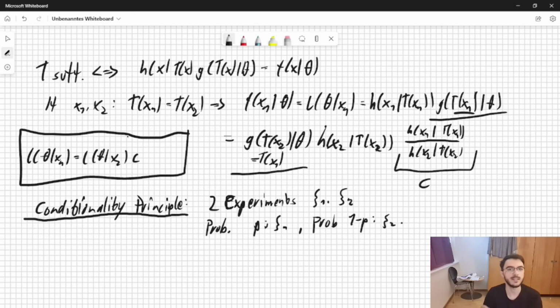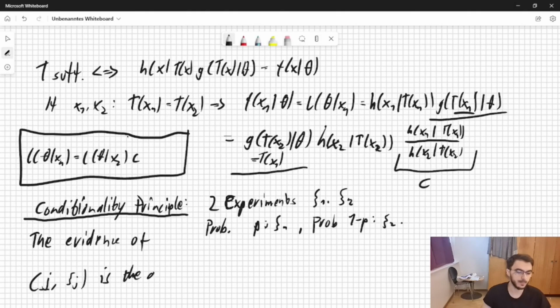So like, I get nominated for two studies and I can only do one of them, and I get lucky and I get Xi2, or in general Xij. The evidence of this experiment, which I'm going to denote by j and Xij, so whatever output Xij I get, if I know the value j, so if I know actually which experiment I got, the evidence that this experiment gives me is the only relevant one.